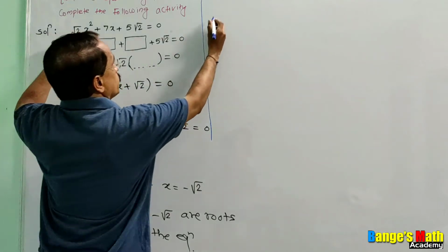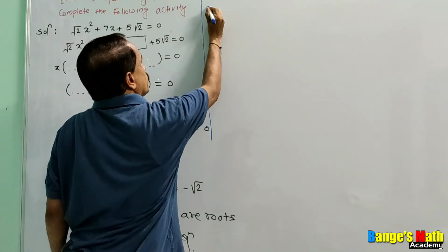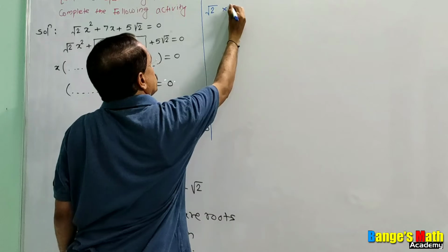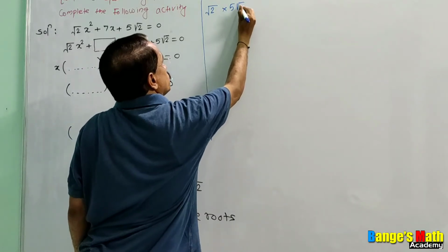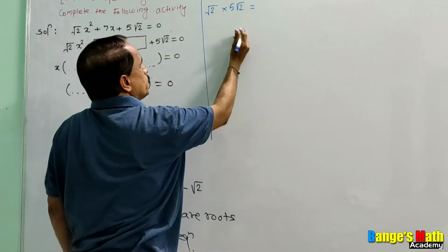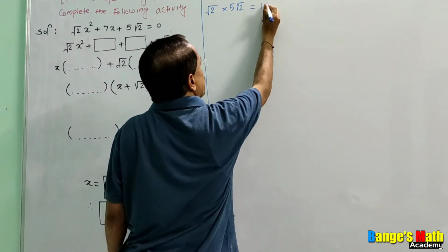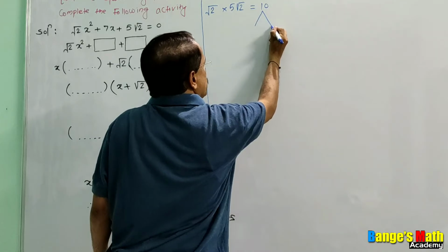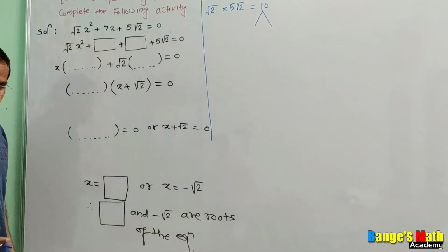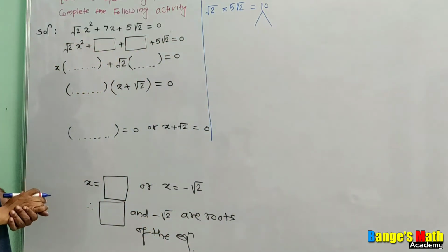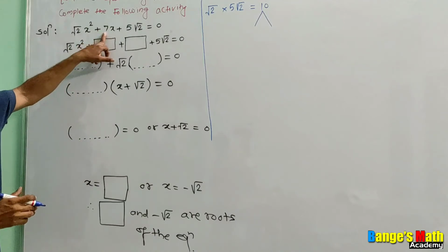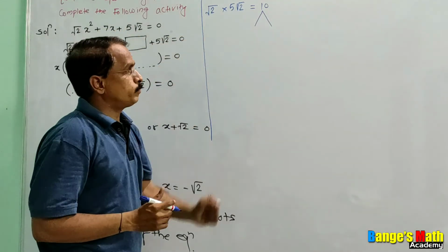So take the product of the coefficient of the quadratic term, root 2, into the constant term, 5 root 2, which is root 2 into root 2 is 2, 5 into 2 is 10. So splitting the middle term such that their sum should be plus 7 and their product should be plus 10.